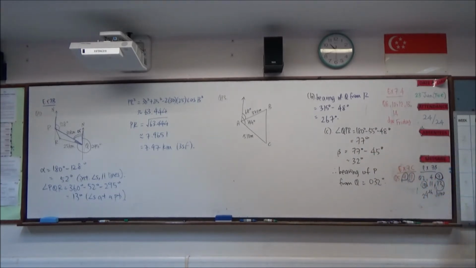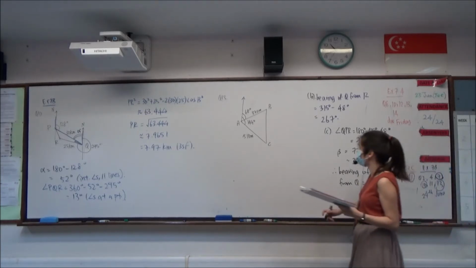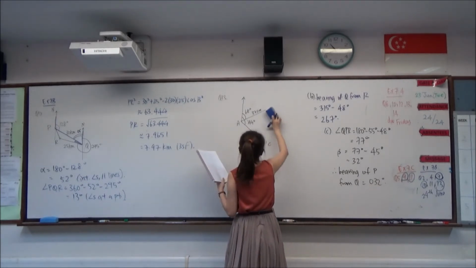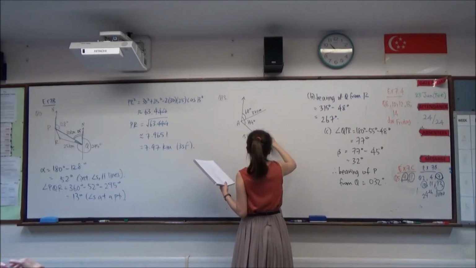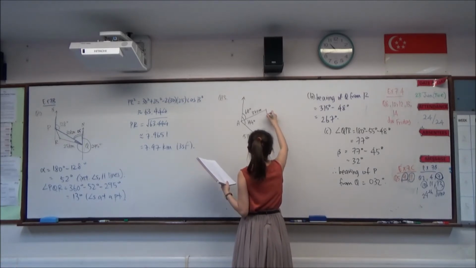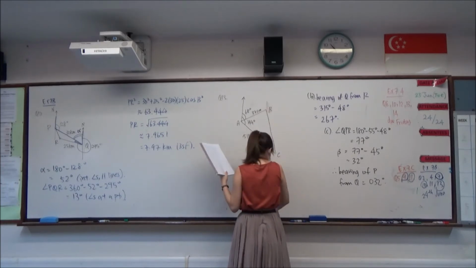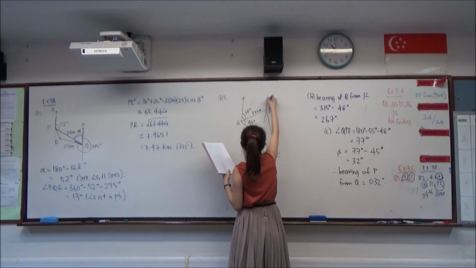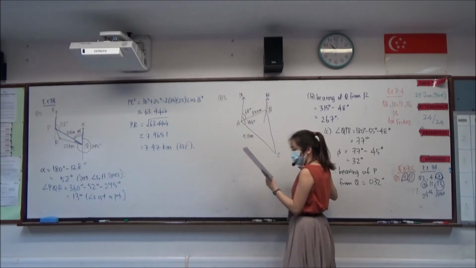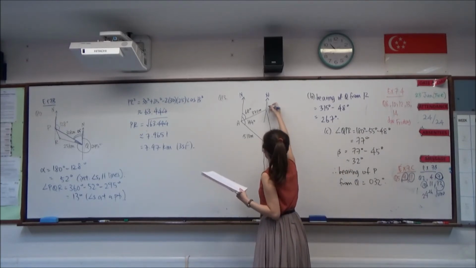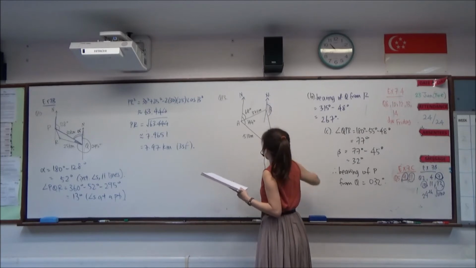From B and C, and part 2 we found angle ABC. So in part 3 we want to find the bearing of C from B. Okay, my diagram is not very well drawn. Let me draw something better. To find the bearing of C from B, from B we will have this angle here that we need to find.